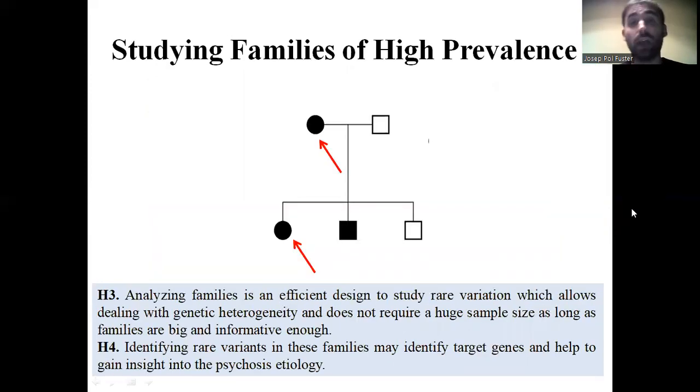Analyzing families of high prevalence is a very efficient design, which allows analyzing rare variation without the need of collecting large sample sizes. And also the variants identified in specific genes in these families contribute to the identification of gene candidates, which in the end may help to gain insight into the genetic etiology of these disorders.